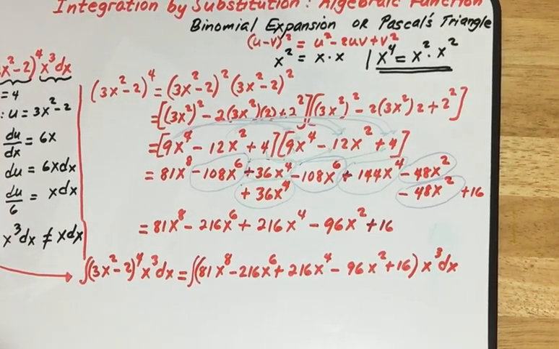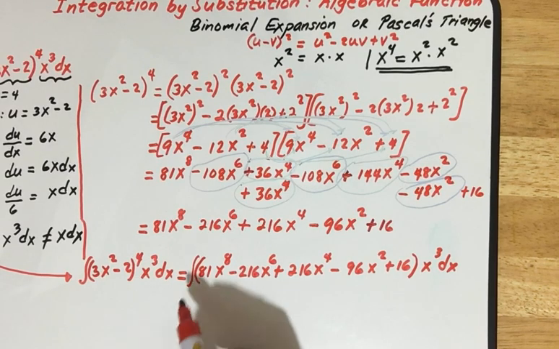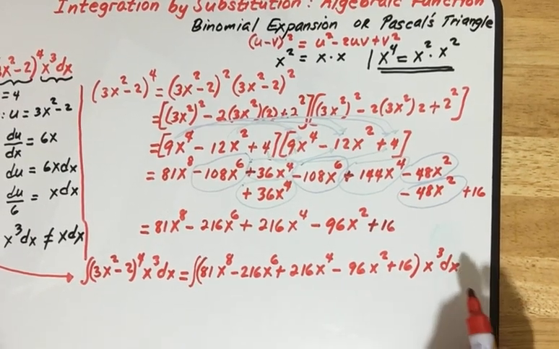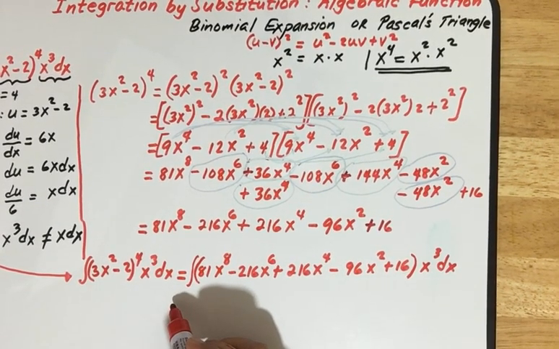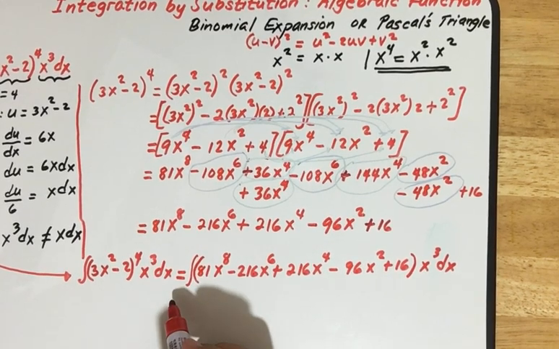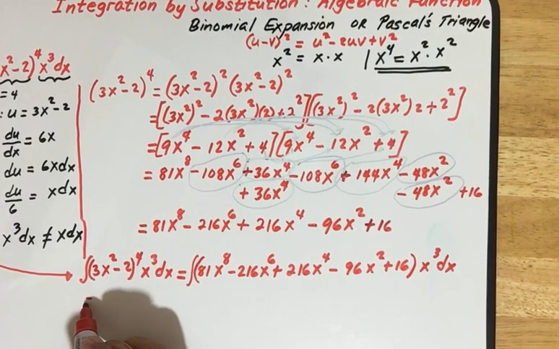Okay, so after that, we are going to distribute this integral sign together with this x^3 dx. So we can rewrite this as, I will put the equal sign here, class, because we will be short of space.